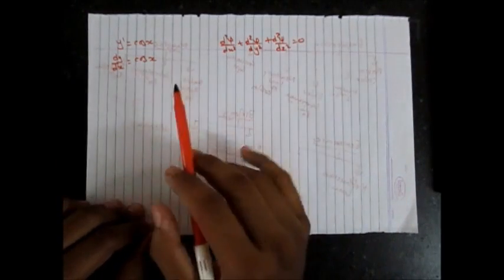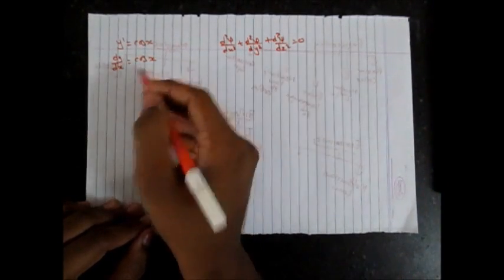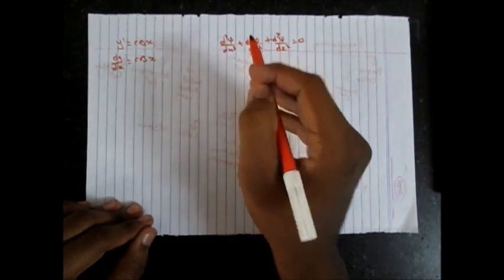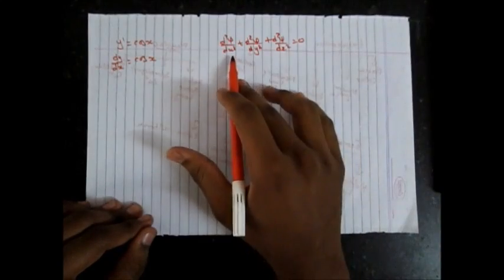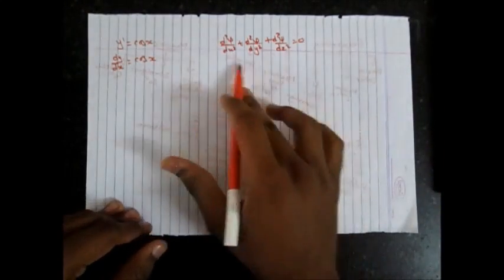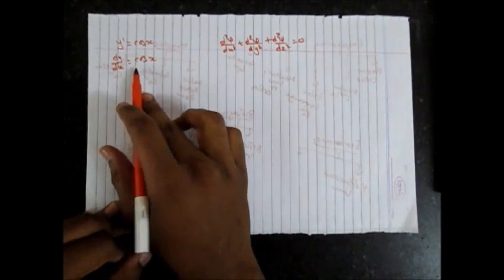Two types of differential equations are there. In the first equation, y is a function of only a single variable, which is x in this case. When a function, which is here psi, is a function of more than one variable like x, y, and z, the differential equation formed by it is known as a partial differential equation, while the first equation is known as an ordinary differential equation.